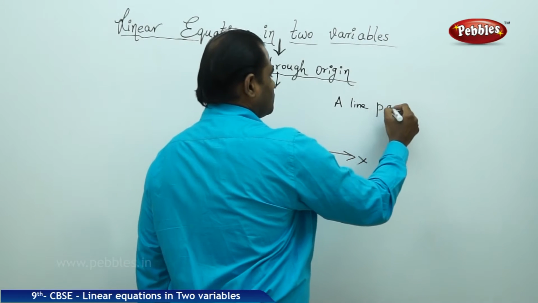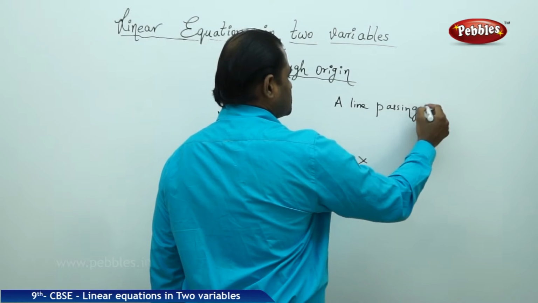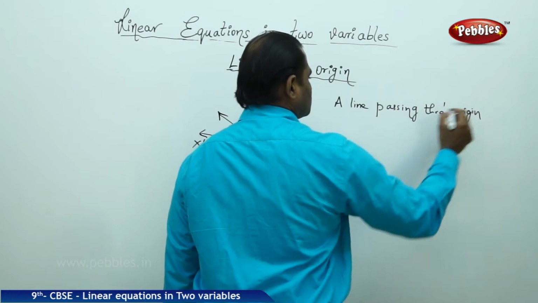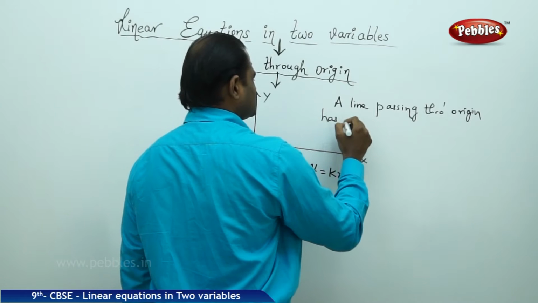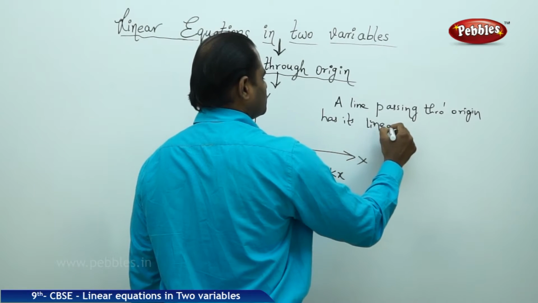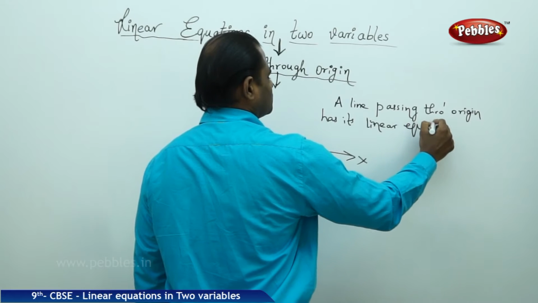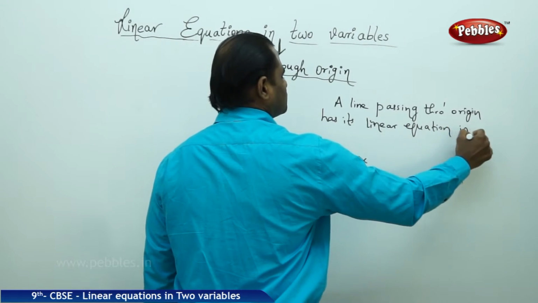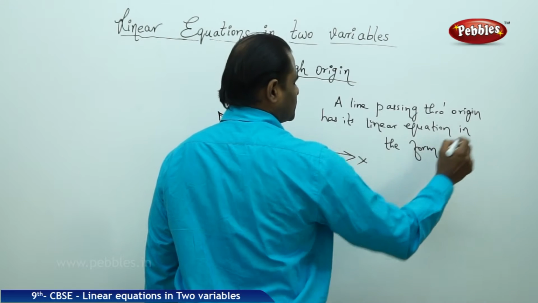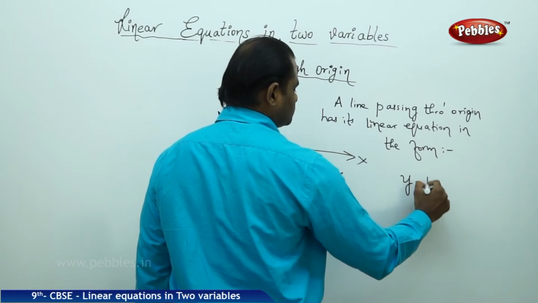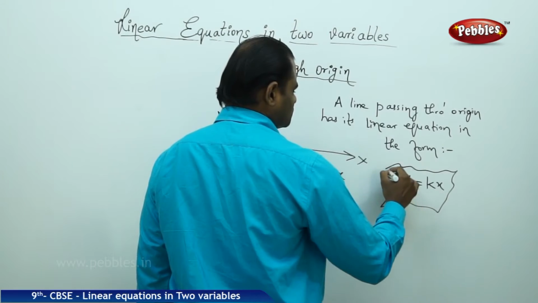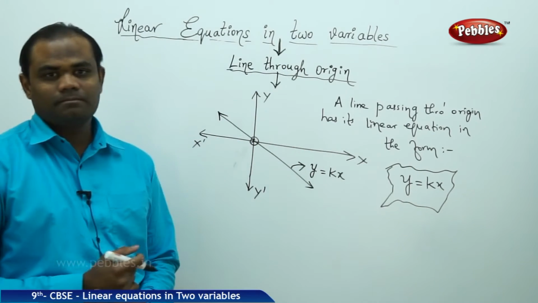A line passing through origin has its linear equation in the form y is equal to kx.